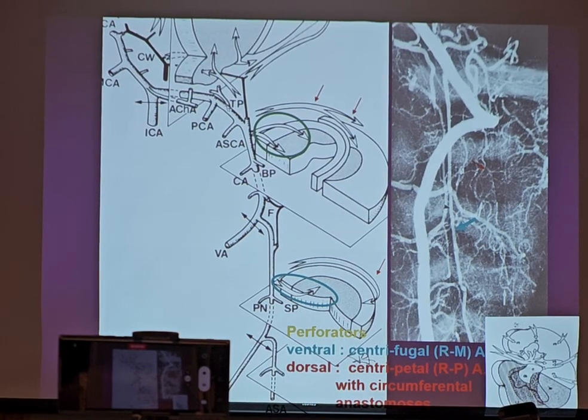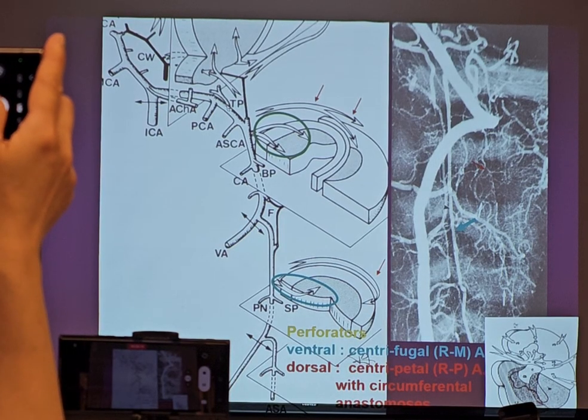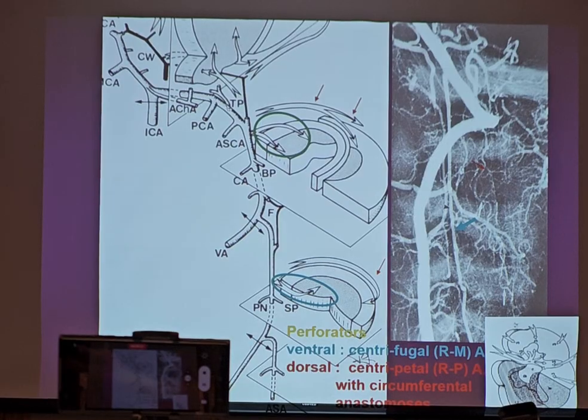Same as the craniovertebral junction, you have the system in the ventral that supplies the more dominant perforators, and then some of the circumferential perforators are coming off dorsally. So the pattern is the same between this craniovertebral junction and the spinal level.